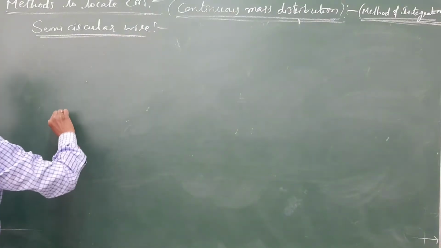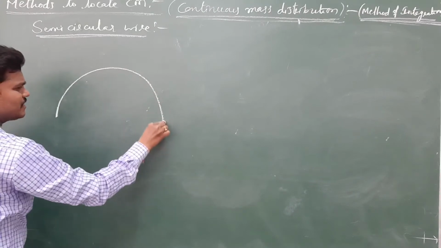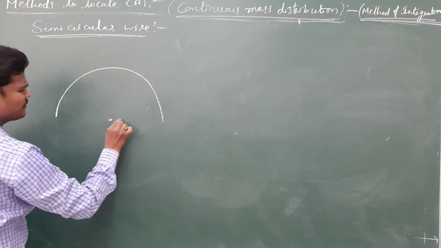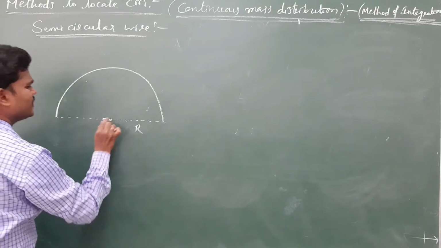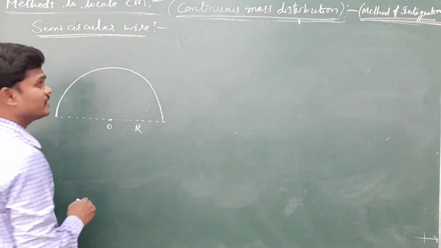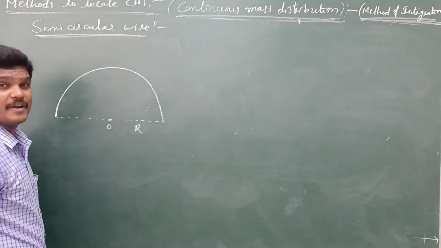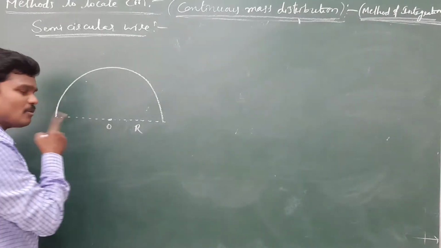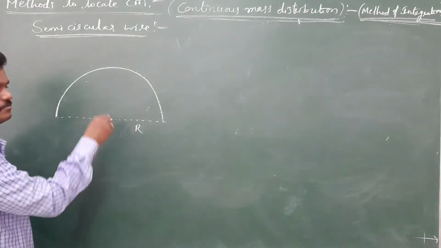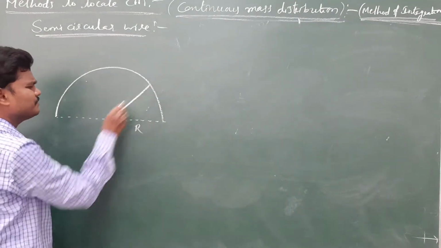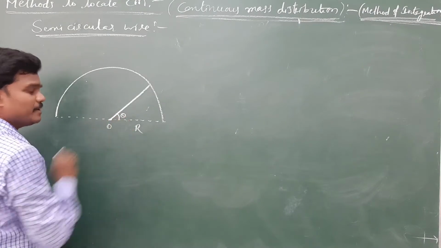See, this is the semicircular wire whose radius is r. The length of the semicircle is pi r. To solve this type of question, take a small elemental length like in the previous problem, by making an angle theta.